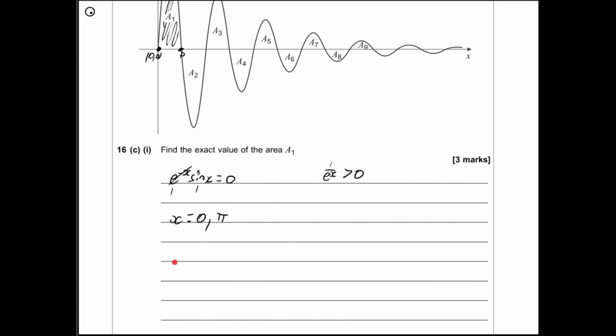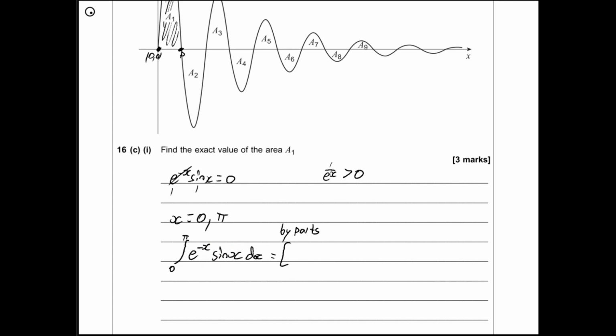So let's set out our equation. We're talking about area, integration. Let's set the limits. We want to integrate the equation we've been given. We've got the dx. This looks like an integration by parts, because we've got an exponential here, and we've got a trig.